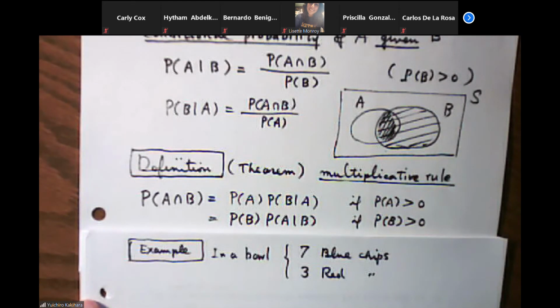Successively means without replacement. One chip is taken, then we don't replace it in the bowl, and another second one is taken successively. So what we want to do is: 2 chips are drawn successively at random.